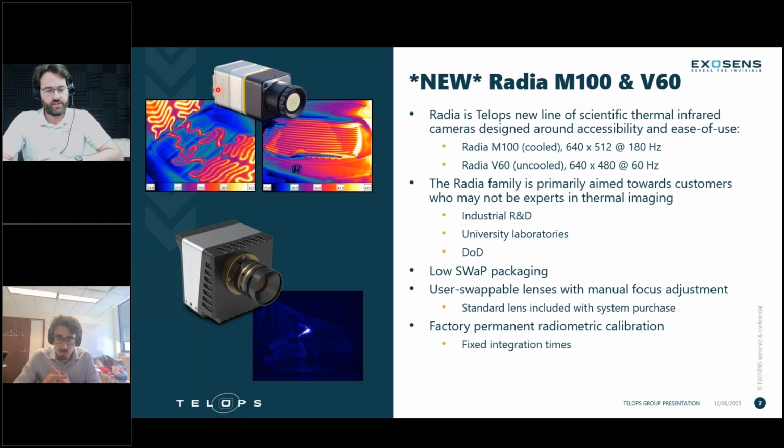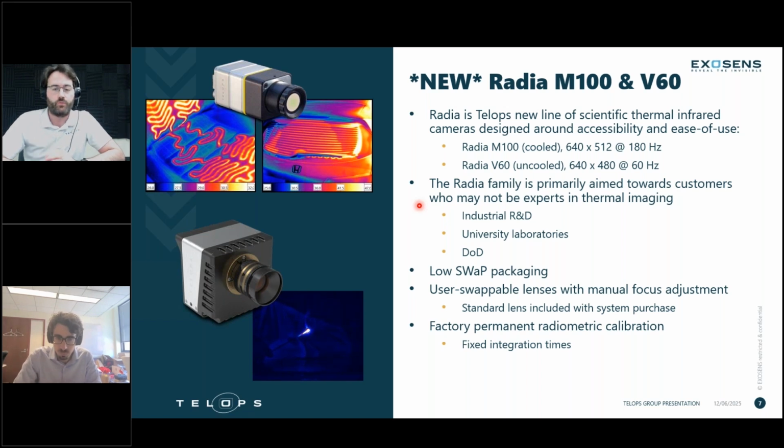Same resolution for the M100, but in the mid-wave range. So typically more for high temperature systems or processes. That will be a great tool to use as well. So it's an entry-level system, so typically more aimed towards people that are not experts in the field of thermal imaging or infrared imaging, but they have the same unique calibration method that we use at Telops.